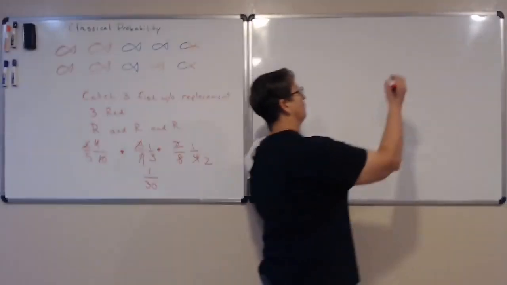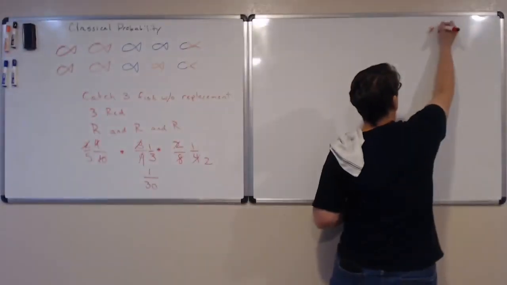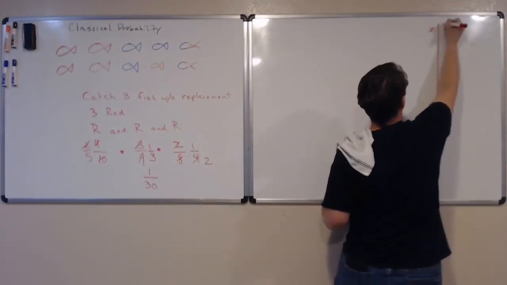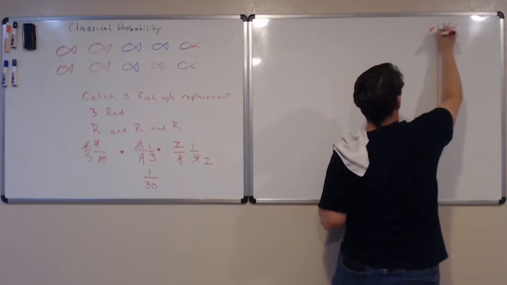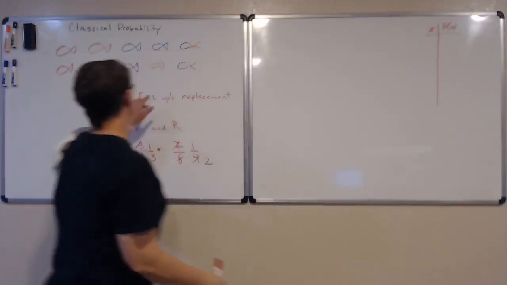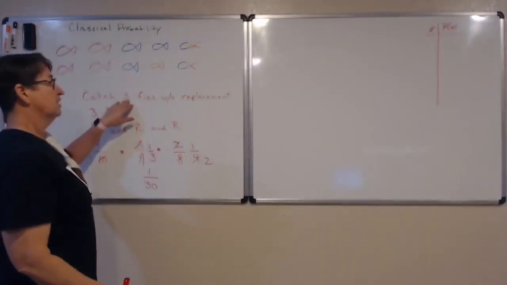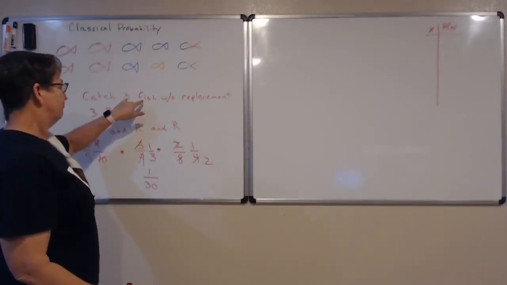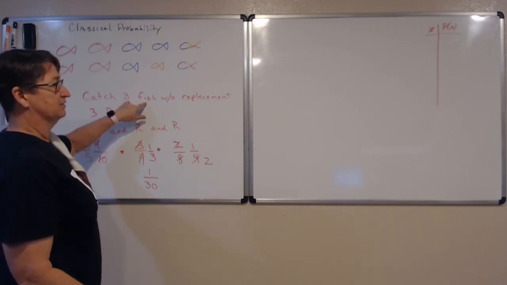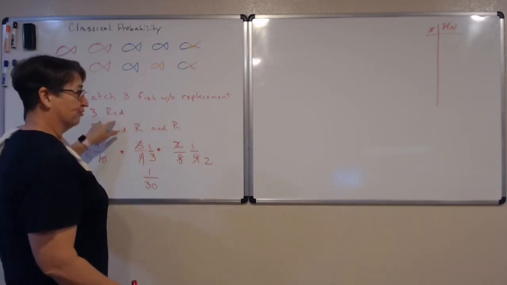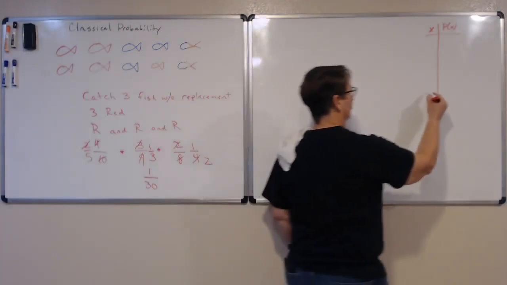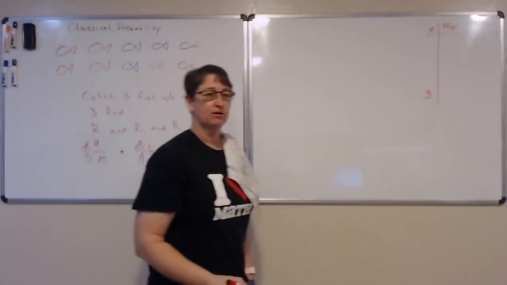Let's go ahead and do our probability distribution. Let's make us a table. So the probability, first of all, let's look at the outcomes. If I'm catching 3 fish, how many different red fish can I get? Well, I could get 3 red. All 3 of my fish could be red.